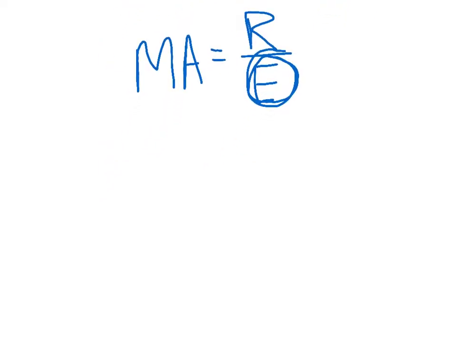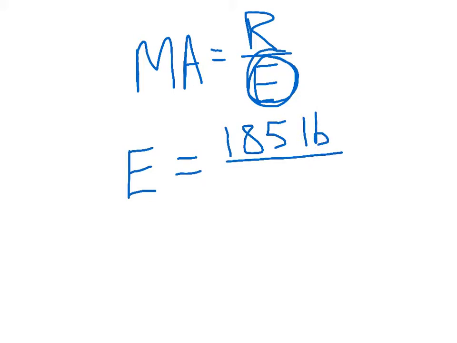So what we would do is go back to that formula, and if we're going to solve for E, E needs to equal 185 pounds. We know that that's the resistance. And then down here we are going to have our MA, and that's from the previous problem. So go ahead and plug in those numbers and see what you come up with for E.